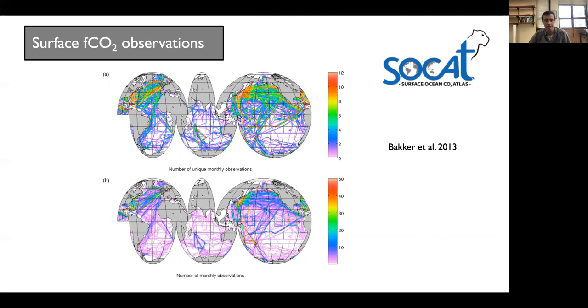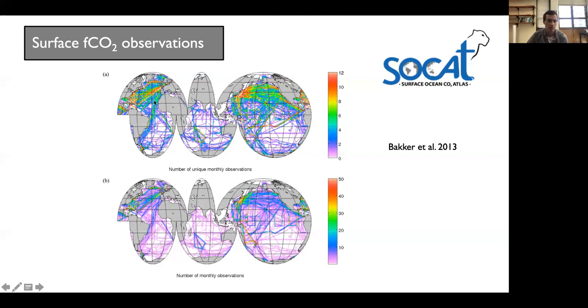Now, this plot from Bakker et al. 2013 shows the number of unique monthly observations in the upper figure and the number of monthly observations in the lower. And this gives you a sense of both the data distribution and density in terms of the seasonal sampling. So in the upper figure, we see a lot of observations in the Northern Hemisphere, certainly a lot more than in the Southern Hemisphere.